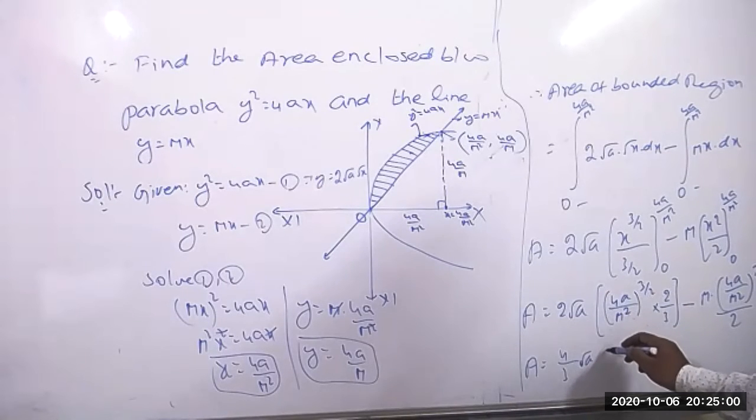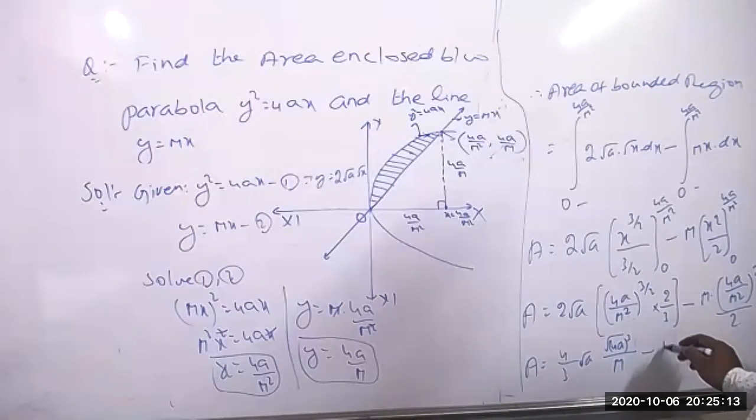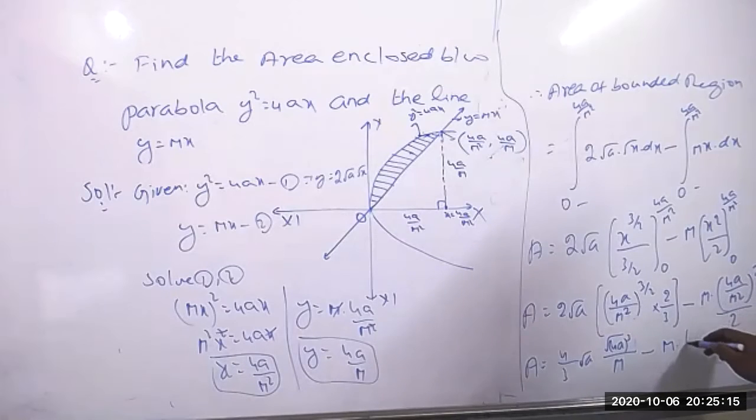And this one you can write now square root of 4a whole cube, whole by m, minus m into 16a square by m power 4 into 1 by 2. So 2 in this number 8 times and m in this number 3 times. This is the whole cube, m cube it is.